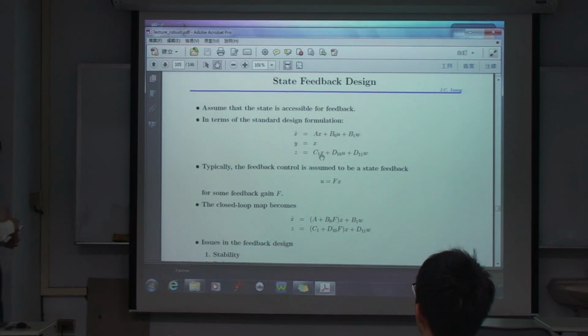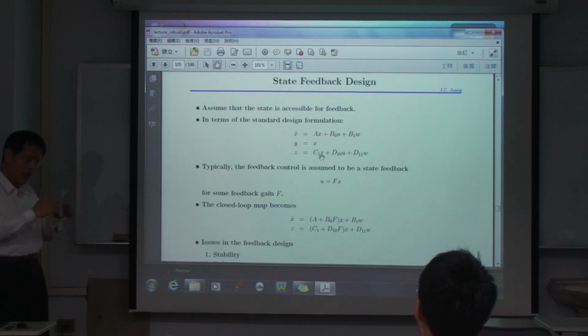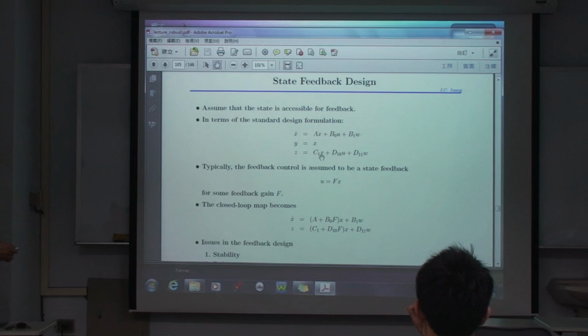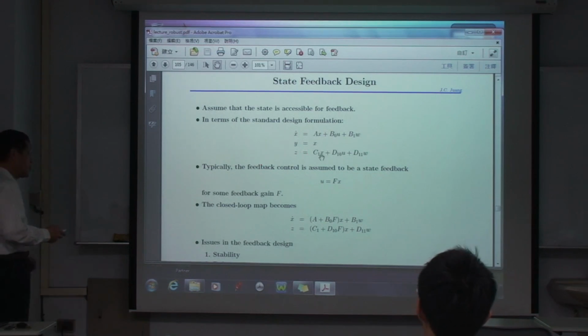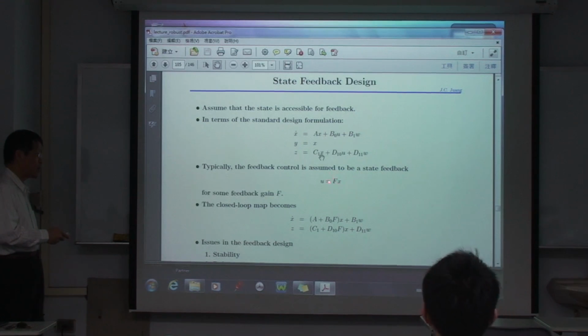That means, suppose I have all the information, you ask yourself the question of how good I can do in terms of control. The control law, or the feedback control system, we will be looking at, and will be more interested in, is what we call state feedback. I have the state, so I just multiply by a state feedback matrix F, and that turns out to be my control signal.